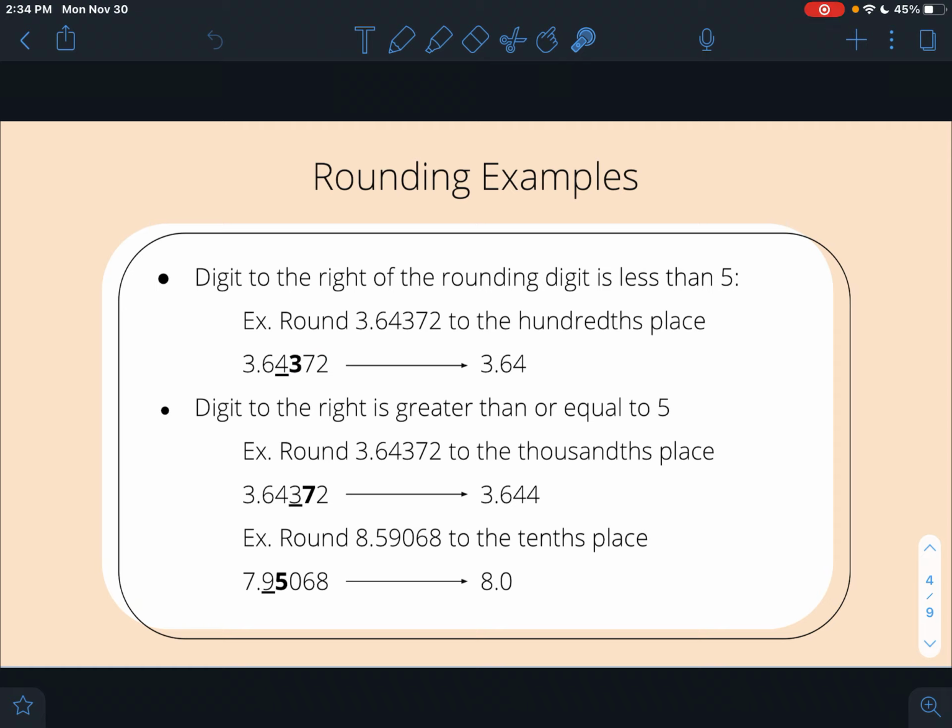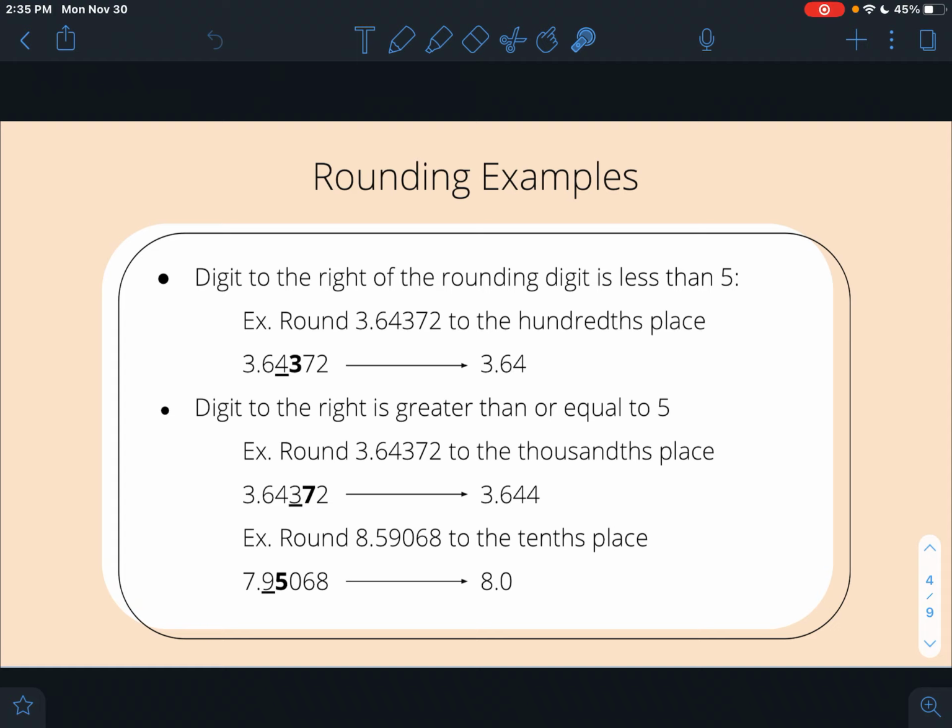Now let's look at an example where the digit to the right of the rounding digit is greater than or equal to 5. They give you the same number in this example, 3.64372. And now they're asking you to round it to the thousandths place. Thus, the rounding digit is 3, since that's the thousandths place, and the digit to its right is 7.